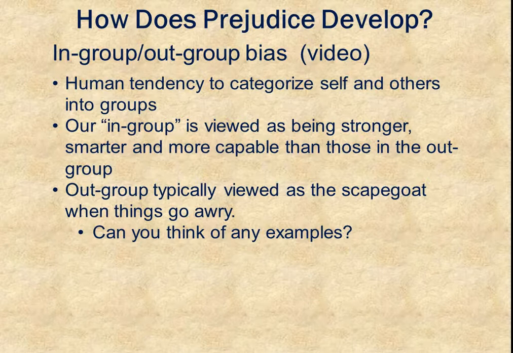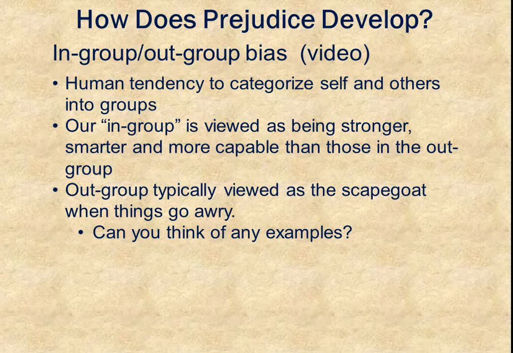Now this bias seems to probably be part of human nature. It is human nature to form categories, and we will tend to look at ourselves as being a member of one category and then everybody else in another category. So for myself, I fall into the category of woman. And so I'm automatically going to be looking at the world and categorizing people as female or male.